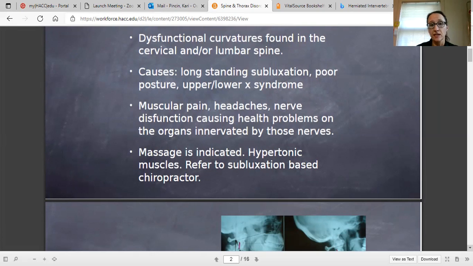Massage is definitely indicated because in some cases, this is going to be a muscular imbalance called lower crossed syndrome. Lower cross syndrome is something that we will cover more in detail in pain, gait, and range of motion when we talk about patterns of dysfunction.